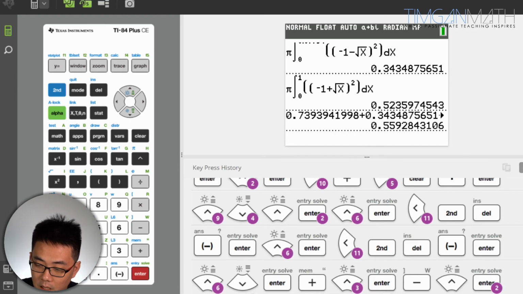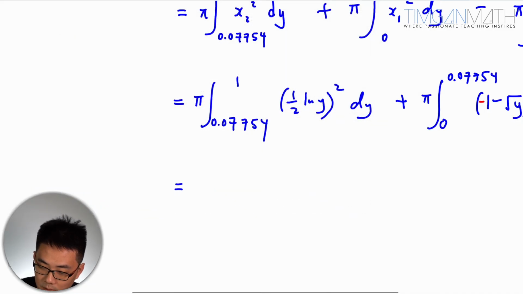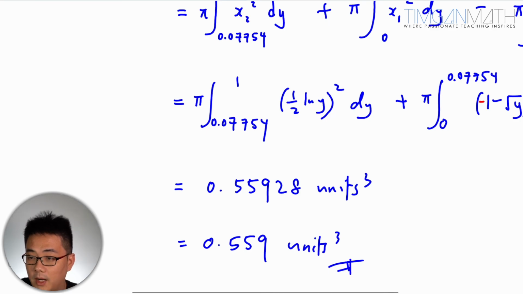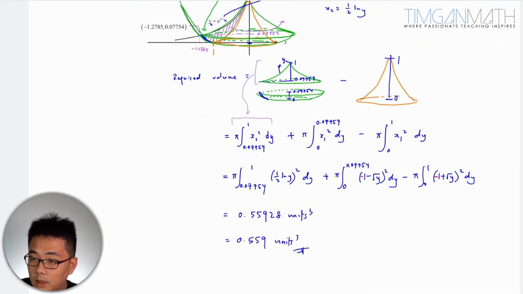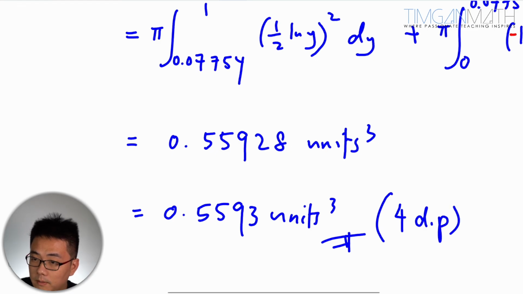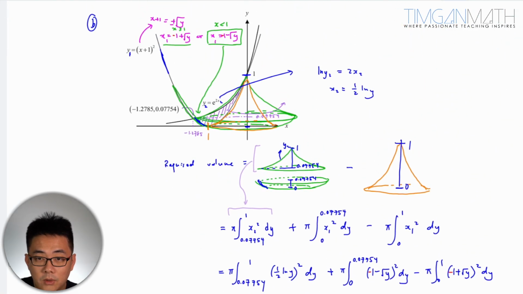So 0.55928 cubic units. Giving your answer correct to 4 decimal places, this is 0.559 cubic units to 3 dp. So that's how I do this question here proficiently.